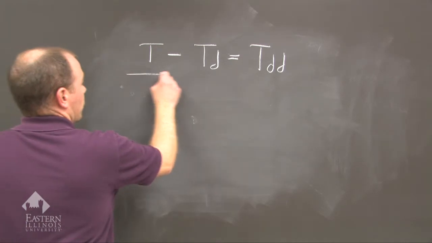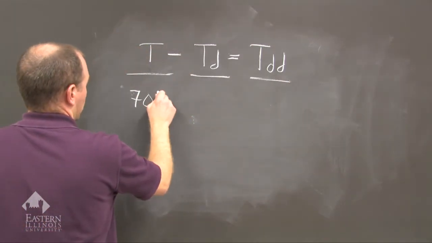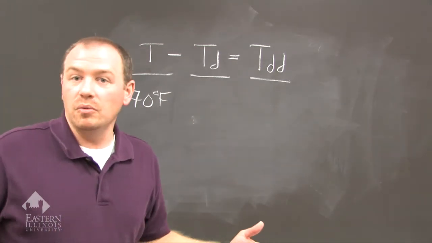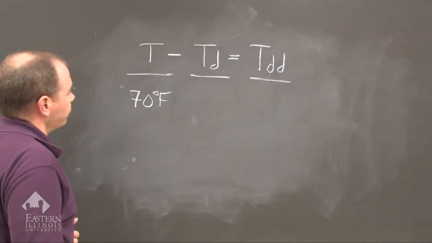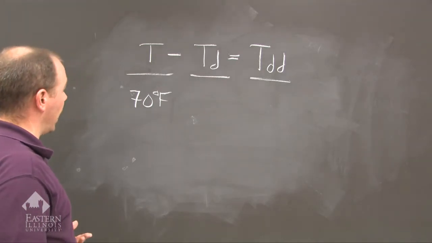All right, so let's look at some numbers here. Let's start with 70 degrees Fahrenheit. It's relatively cool, warmish, comfortable. It's basically what we set our home's temperature at.